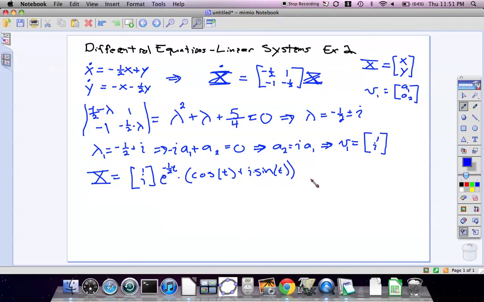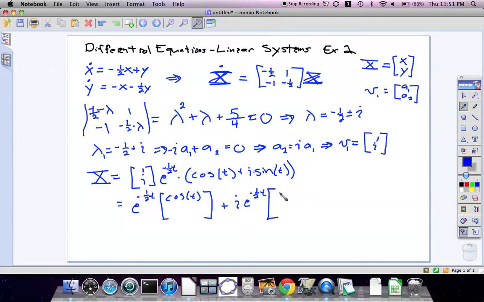So I'm going to rewrite this in a slightly different way. I could also think of this as e to the negative 1/2 t times 1 times the cosine. Now, the 1 times the sine, that's going to be imaginary, so I'm going to separate this out into real and imaginary parts. So I'm going to pull out the i times e to the negative 1/2 t.